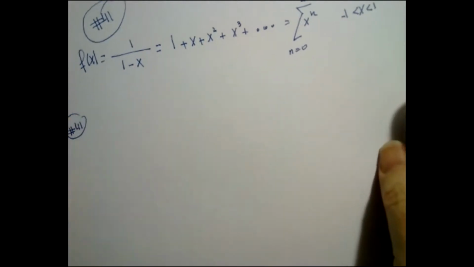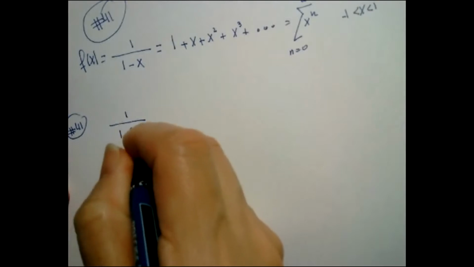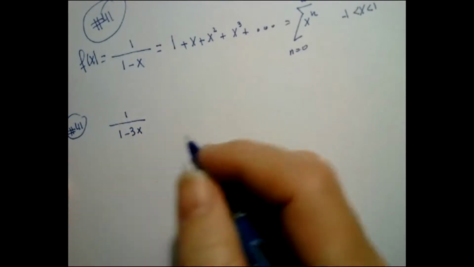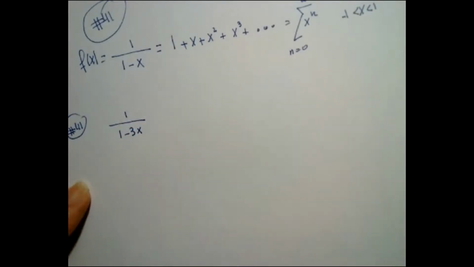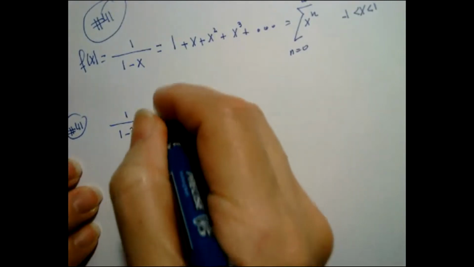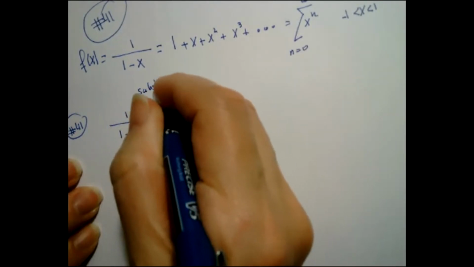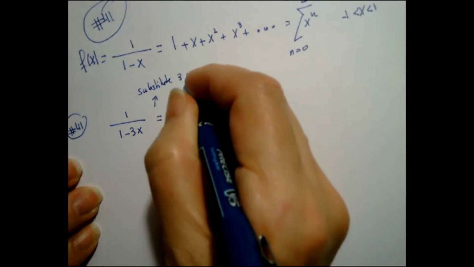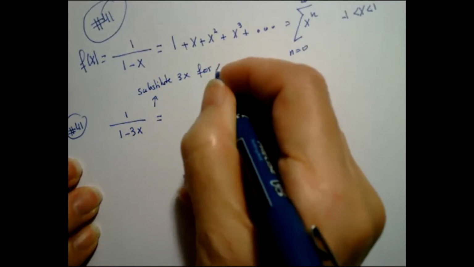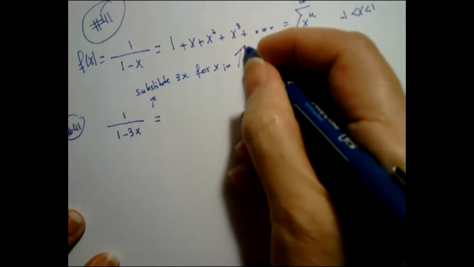That's a typical scenario where my function is 1 over 1 minus 3x. And the question is, find the power series representation of that. So as we did yesterday, we're going to substitute 3x for x in the geometric series.